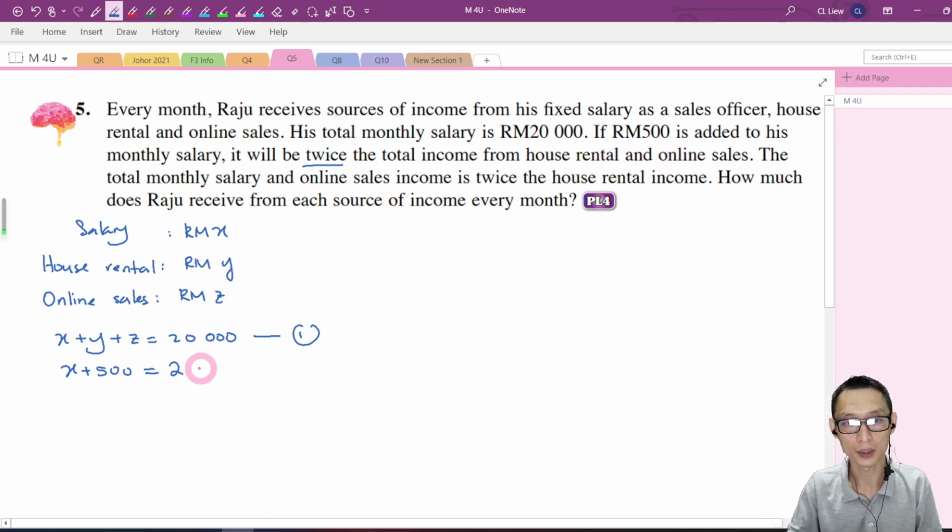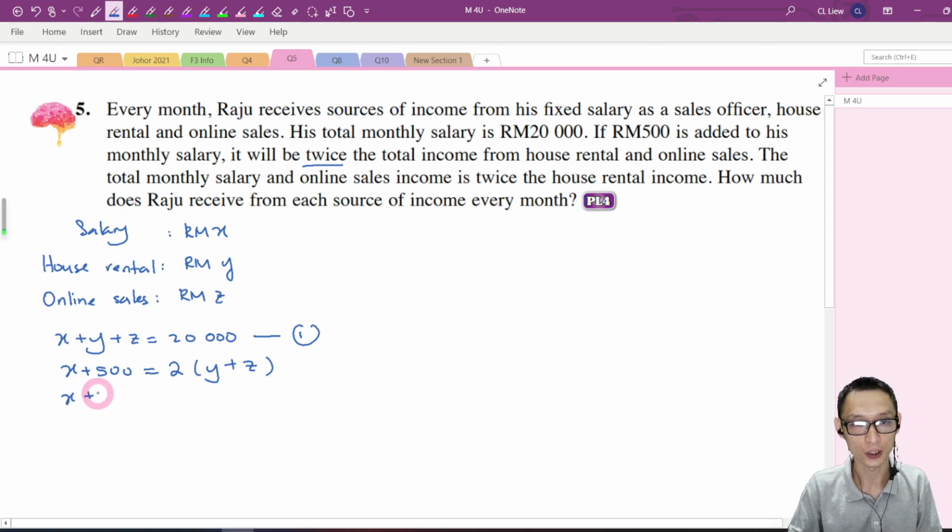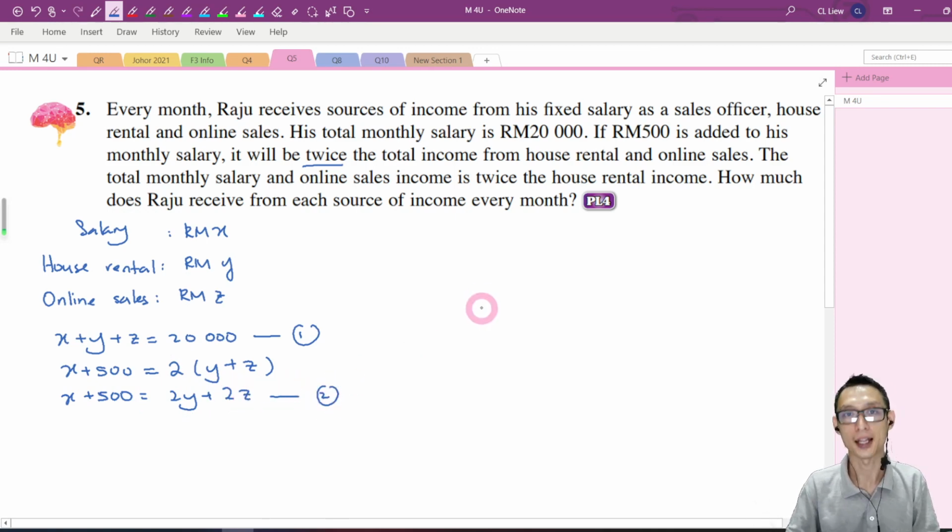House rental will be y, online sales will be z. So it will be twice of this. That's why I write 2 parentheses y plus z. If you want to do expansion, you can do expansion first. It will become 2y plus 2z. Let this one be the second equation.